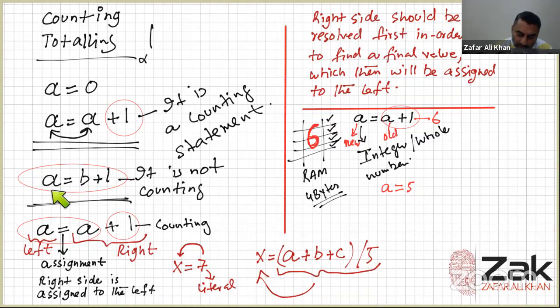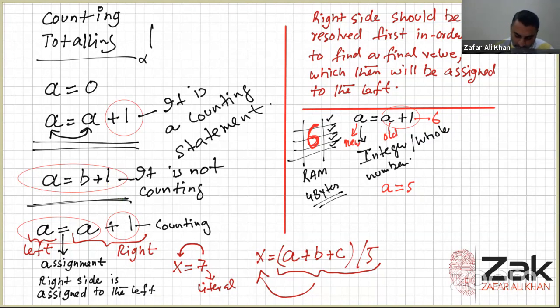It is increased by another variable's value plus 1. So it is not counting, it is not increasing. If you need to increase this A by 1, you have to take A on the right side. So mind it, there were questions in past papers which try you by showing such statements and asking if it is a counting statement or not.